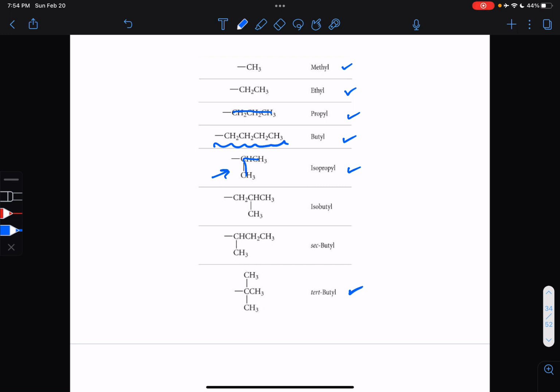Well, in propyl, what happens is that the parent chain is going to attach to one of the end carbons. And in the isopropyl, the parent chain is going to attach to the middle carbon, this one right here.